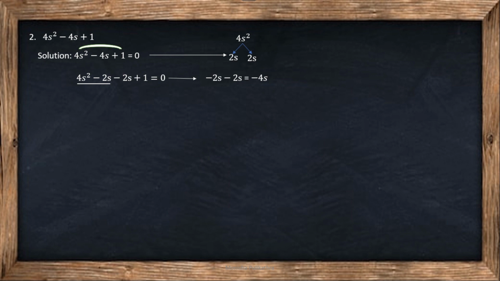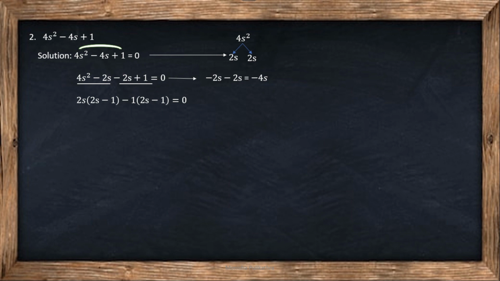Next we need to take the common term in each section. In 4s square minus 2s, the common term is 2s. When we take 2s as the common term, the remaining will be 2s minus 1. In the next section, you carefully find it out. The terms are minus 2s plus 1. There is no common term.